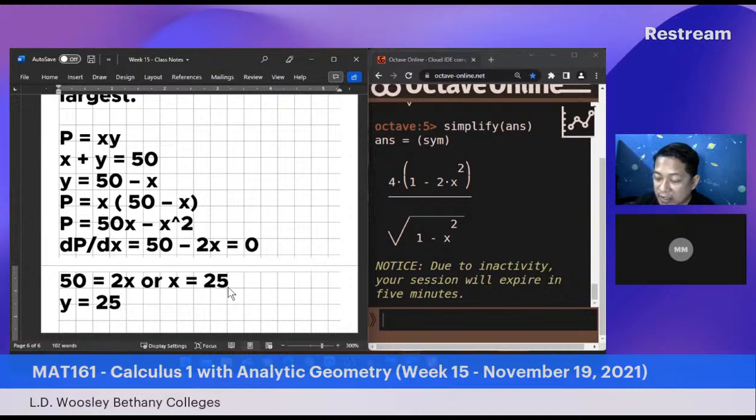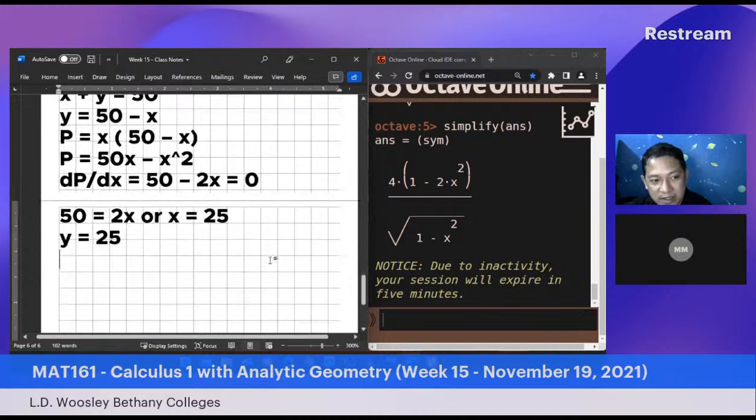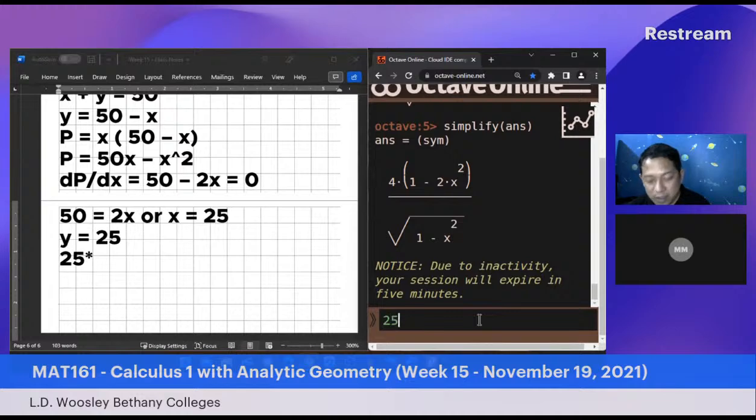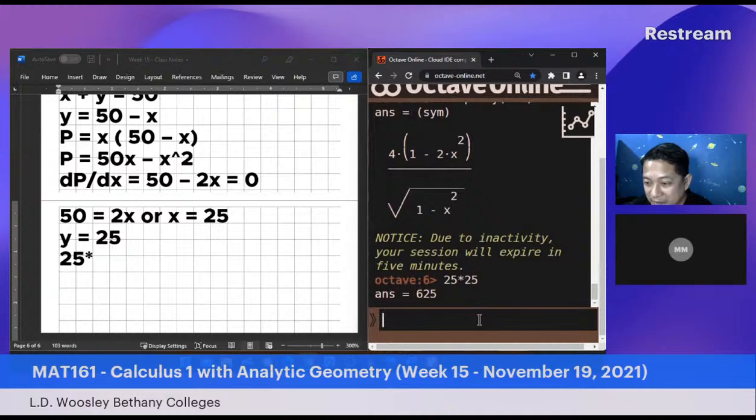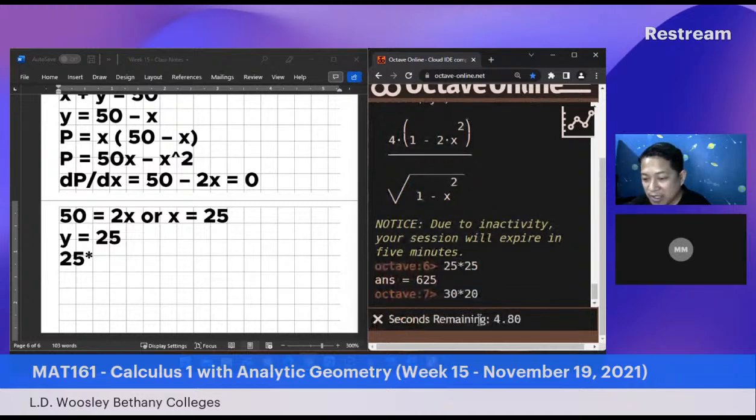Pwede nating i-try yan to convince ourselves that this would have a maximum value. So kung 25 times 25, of course, ang sagot dyan ay 625. Tama? Paano kung ang pinili mong pares ay 30 times 20, which also has a sum of 50?